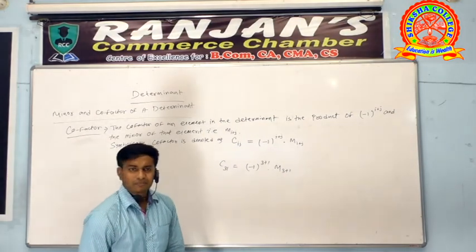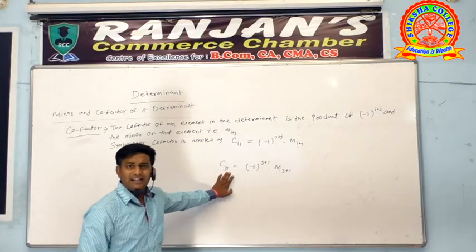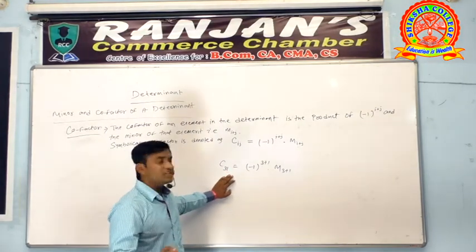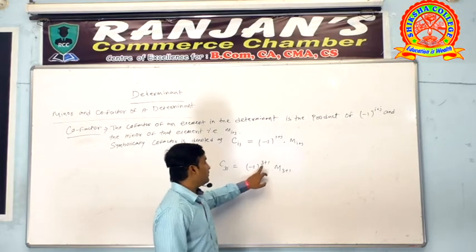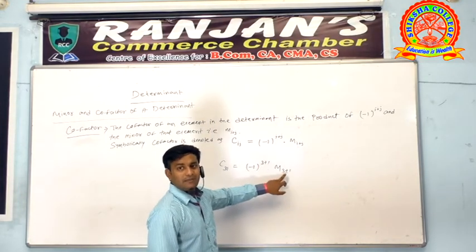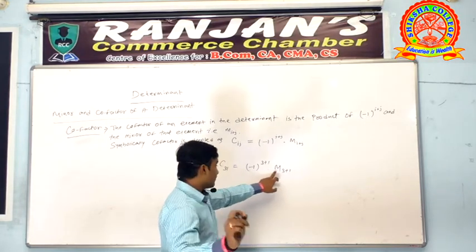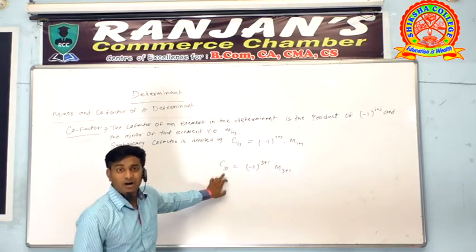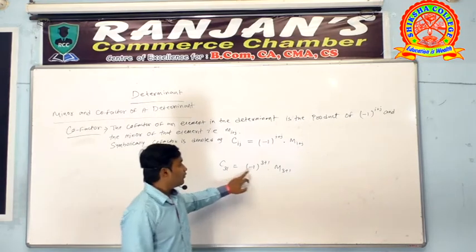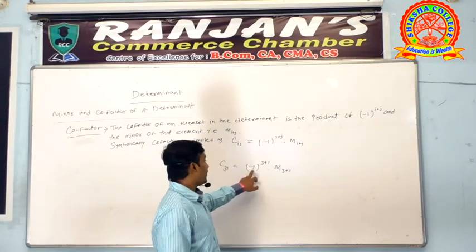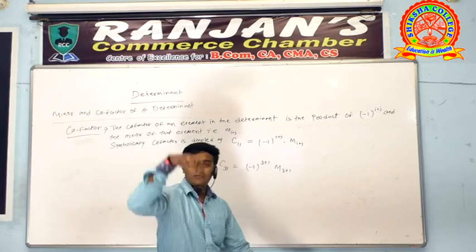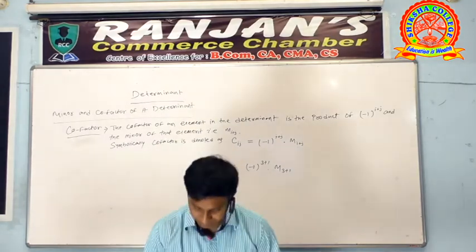Okay, clear students? When we find the cofactor of an element, we consider the position of that element. So here i means 3, j means 1. And simply we need to find the minor of that element, the minor of A31. Then we multiply that value with minus 1 to the power i plus j.